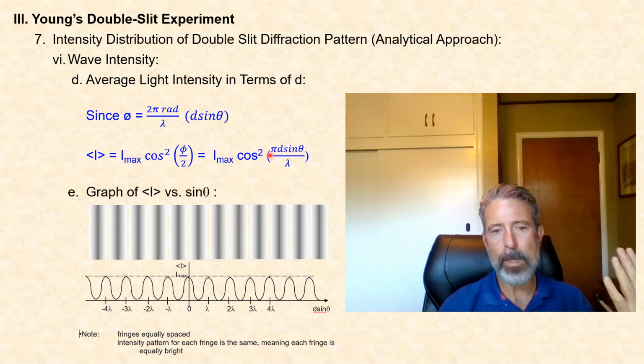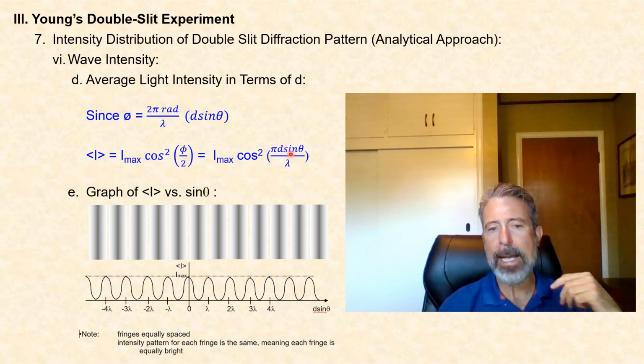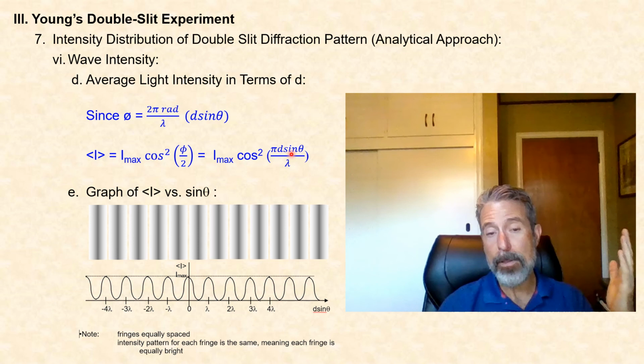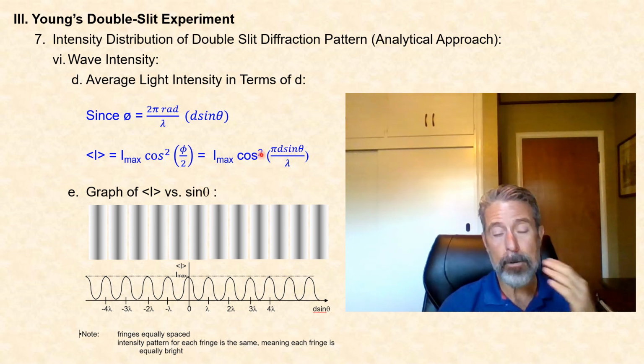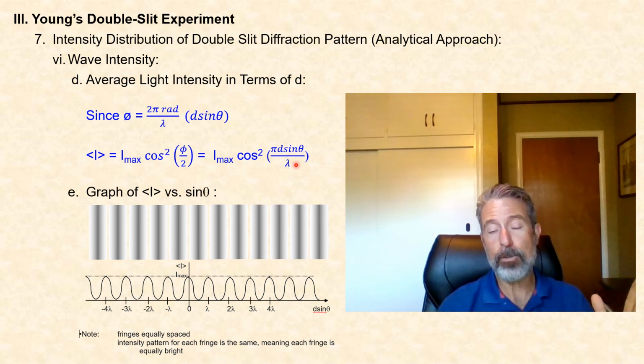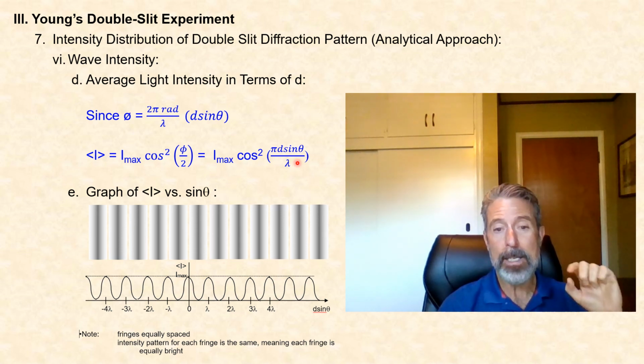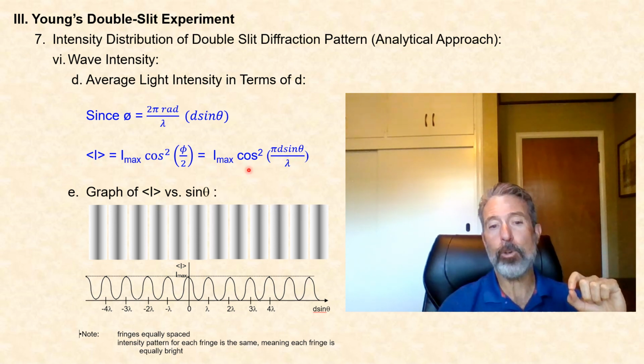So we get cosine squared of 0, pi, 2 pi, 3 pi. For these values of the argument, cosine squared will be 1. This will be the maximum value of that cosine squared function.